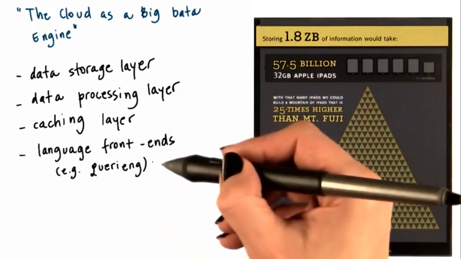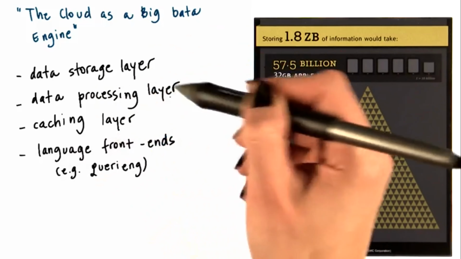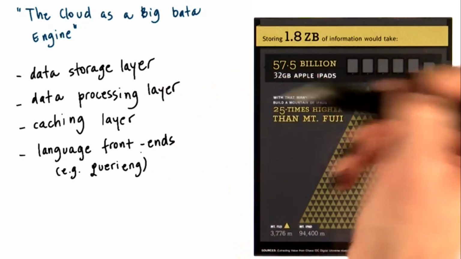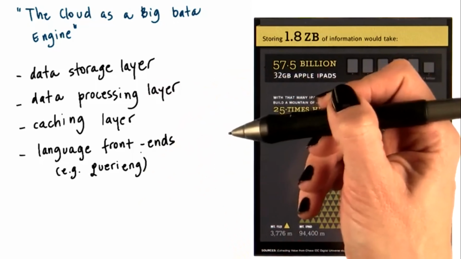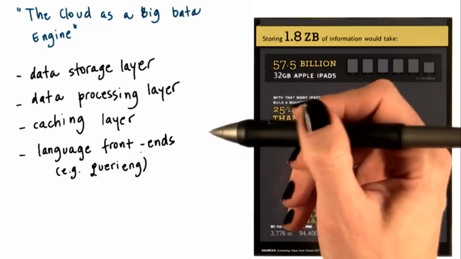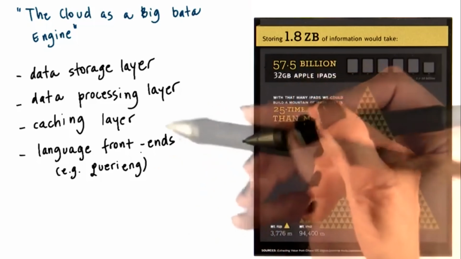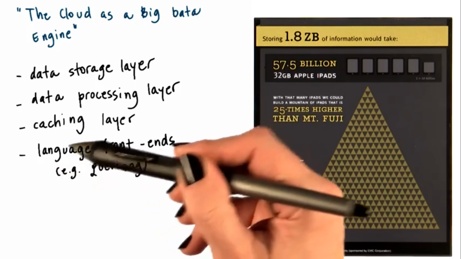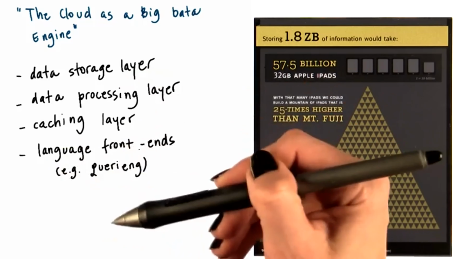I said a cloud platform for big data must incorporate some data processing framework, but commonly when we talk about small or smaller data, the way we're analyzing it is using things like SQL queries or some other type of querying mechanism. And so often big data stacks would incorporate some language front end that would make this data processing a little bit easier.